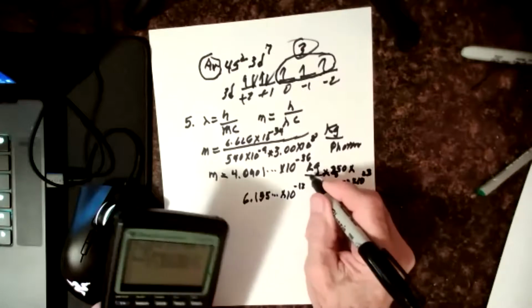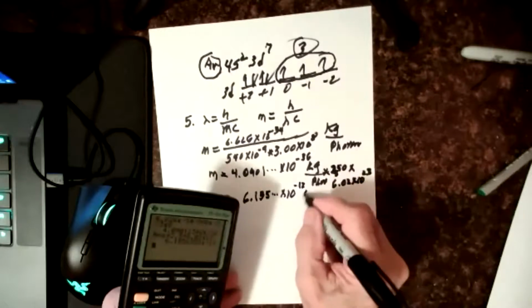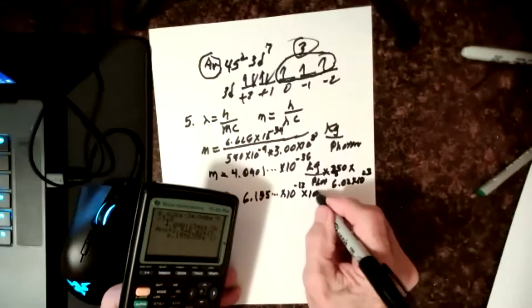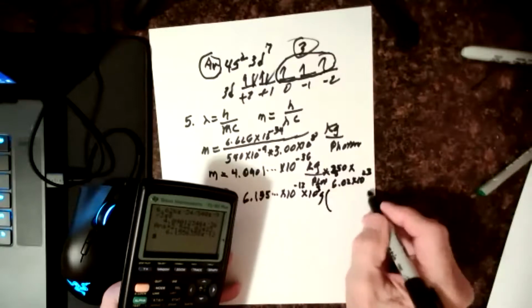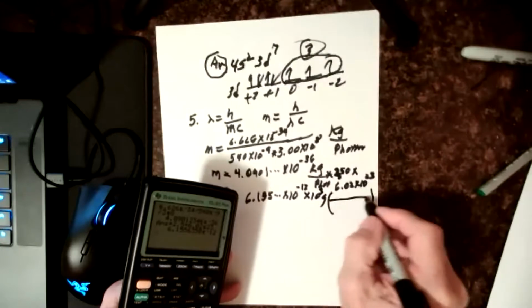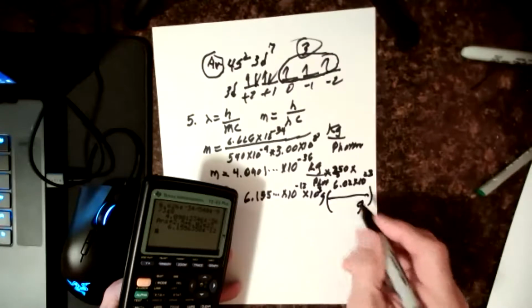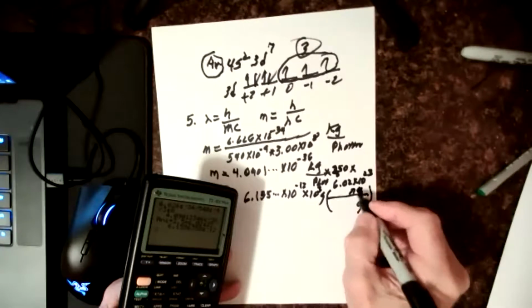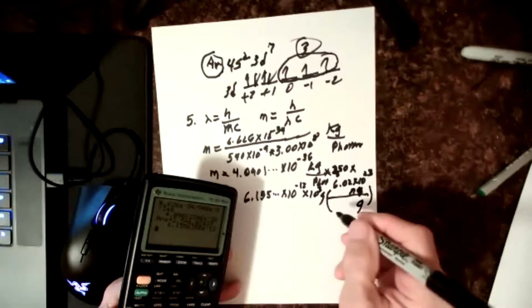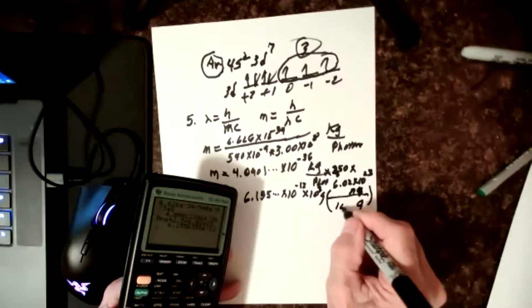Now it's kilograms, so I'm going to get rid of kilo and put a 10 to the third grams. Now I have to convert, to match the answers of the problem, from grams to nanograms. Nano is 10 to the minus 9, so I need a 10 to the minus 9 down here.